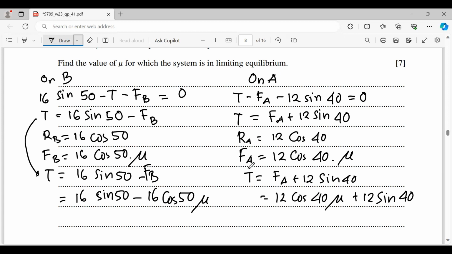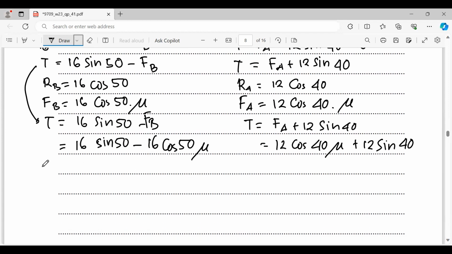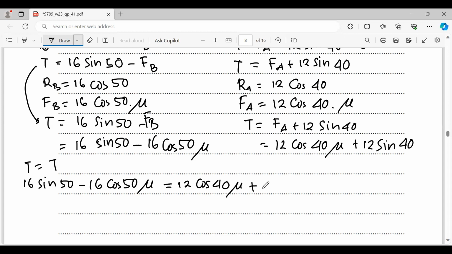T equals T, so these expressions equal each other: 16 sine 50 minus 16 cosine 50 times mu equals 12 cosine 40 times mu plus 12 sine 40.